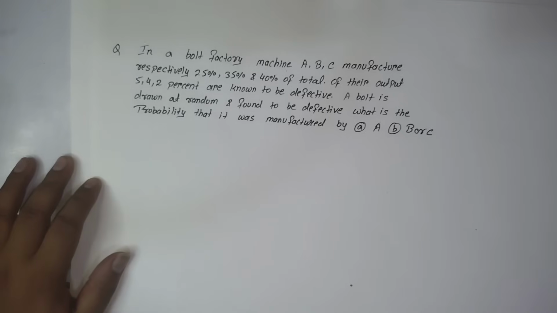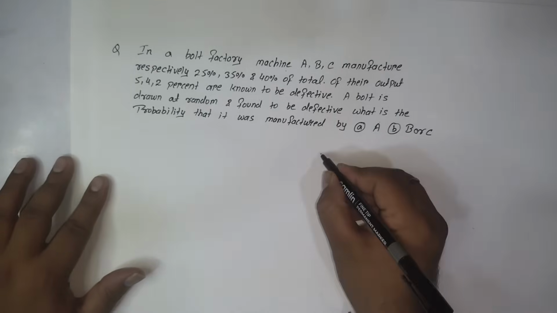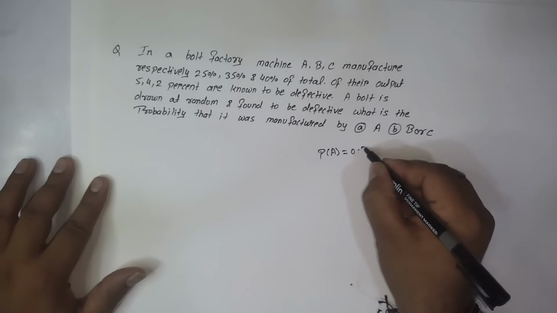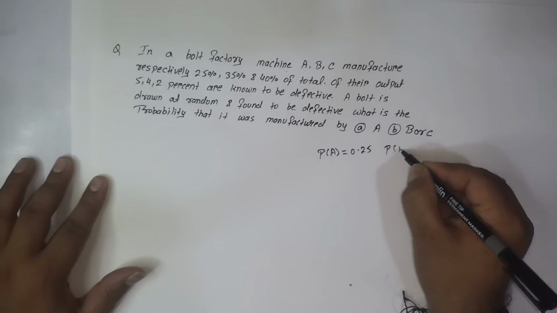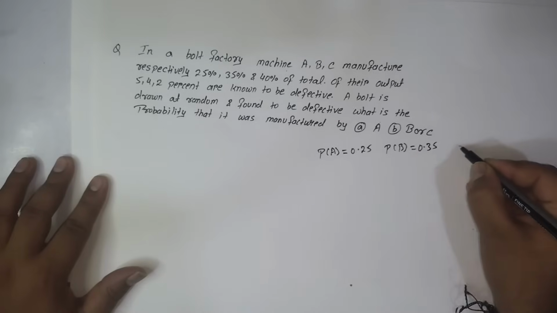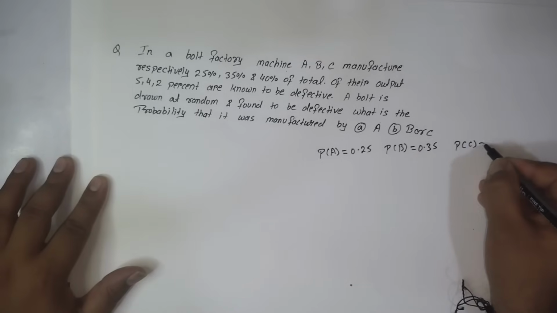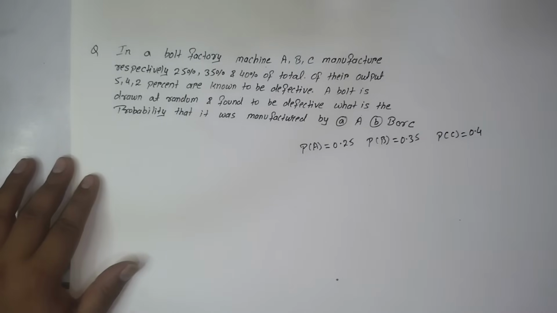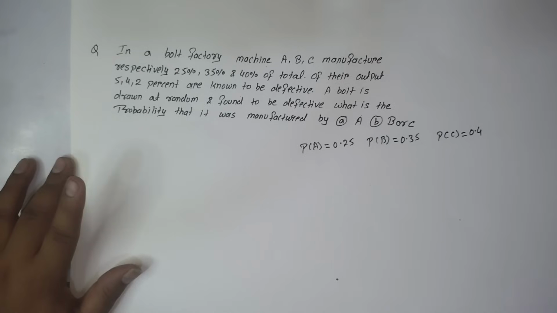In a bolt factory, machines A, B and C manufacture respectively 25%, 35% and 40% of the total. It means the probability of A is 0.25, the probability of B is 0.35 and the probability of C is 0.4. Now of their output, 5, 4 and 2% are known to be defective.